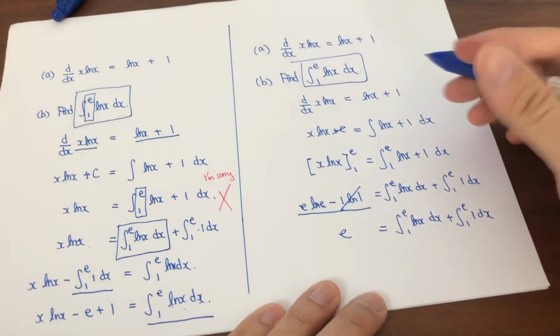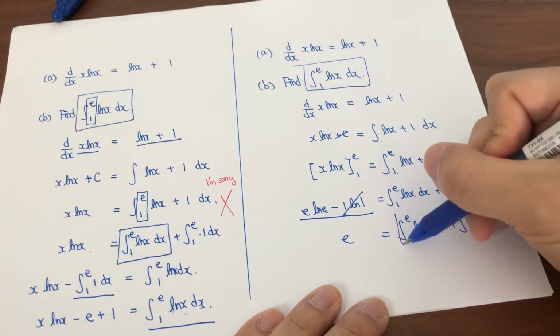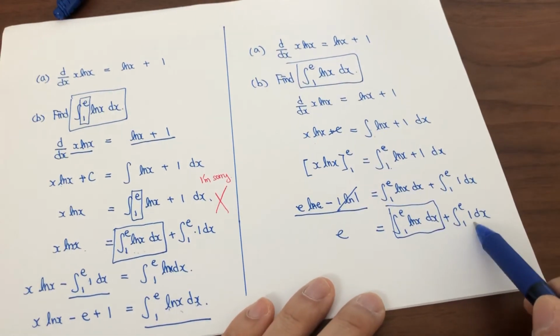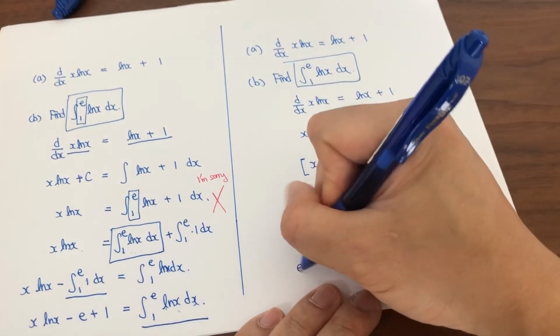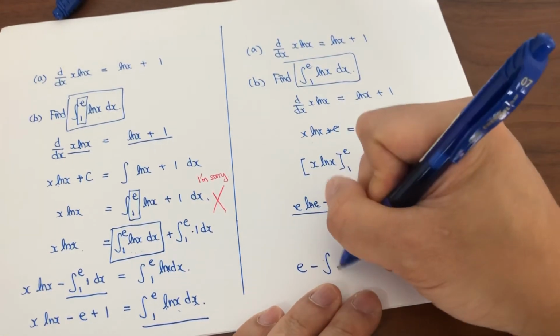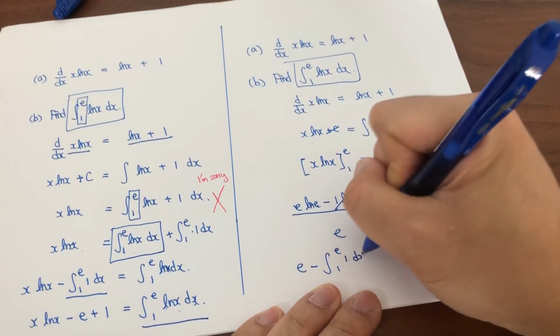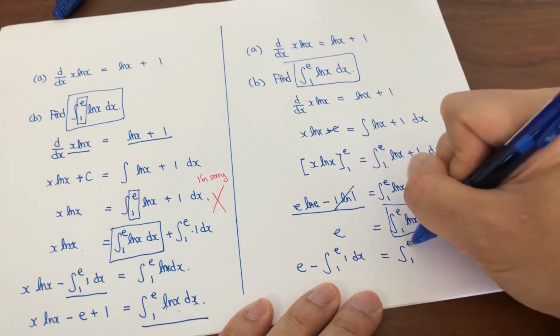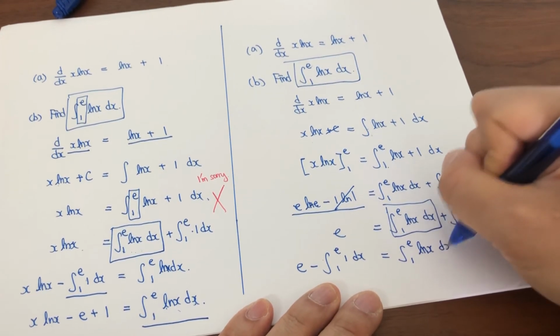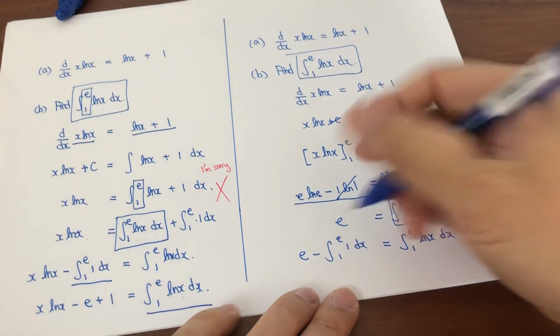Right? Now, since we are looking for this guy, this is what we are looking for. And therefore, we should try to put this term to the other side. It becomes negative the integral from 1 to e of 1 dx equals the integral from 1 to e of log x dx. All right.